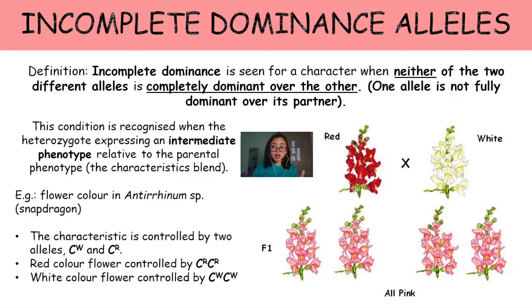The white color flower is controlled by alleles CW, CW. Tapi kalau dia CR, CW, dia akan jadi pink color. Dia bukan separuh putih, separuh merah. Dia terus pink. Bercampur dia punya phenotype.